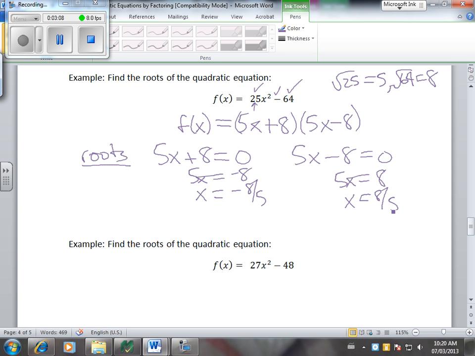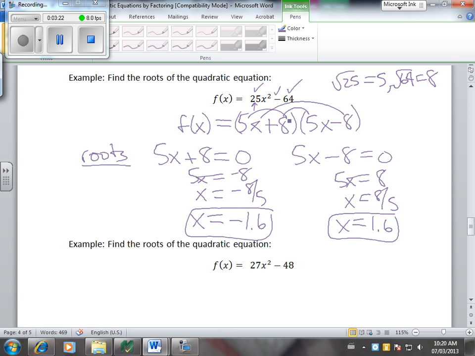Okay, so your two roots would be x equals negative 1.6 and x equals 1.6. And again, if you rainbowed the whole thing, you'd notice that you would end up with a positive 40x and a minus 40x, so your bx would cancel out.